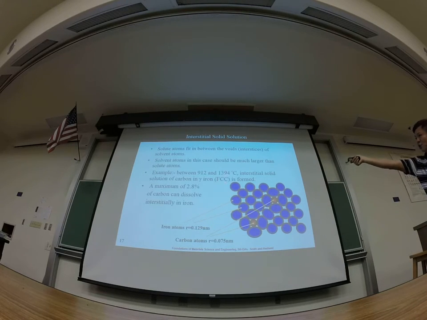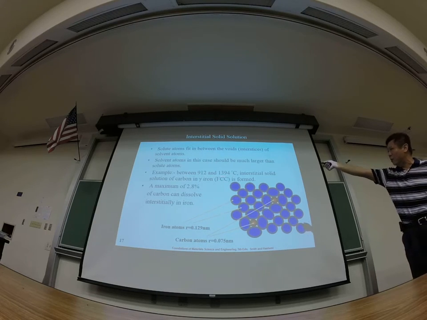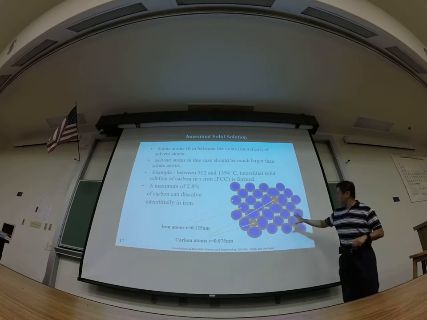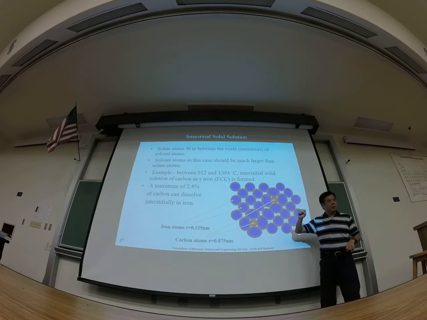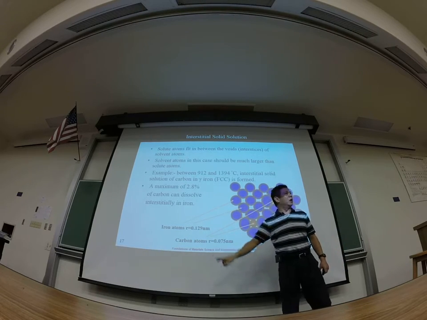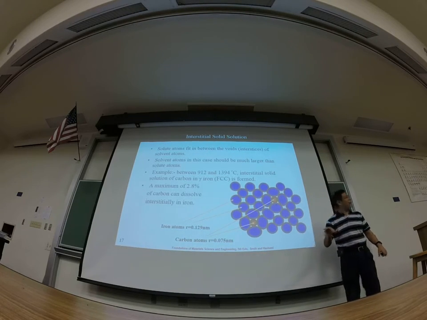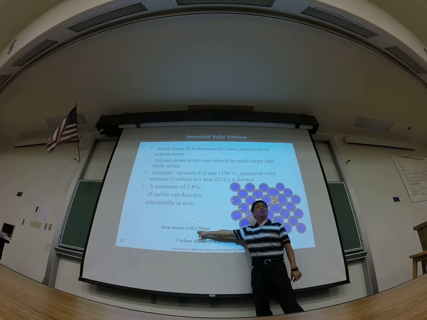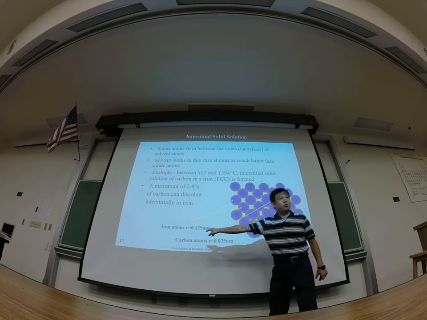But if the iron is in the FCC range, carbon has a radius of about 0.75 angstrom, which is significantly smaller than iron, which is 1.29 angstrom.